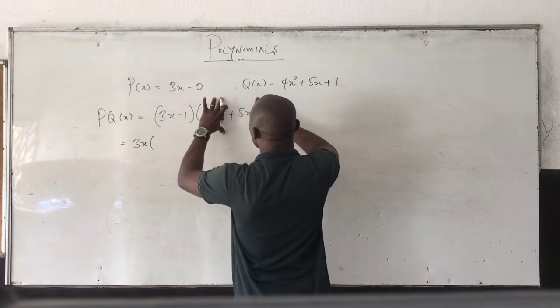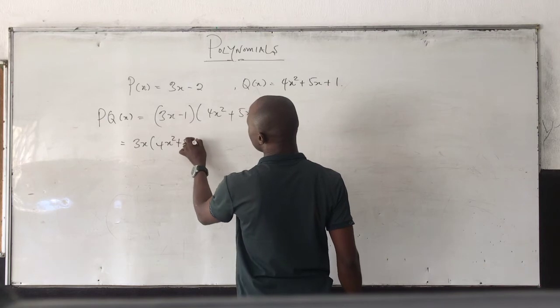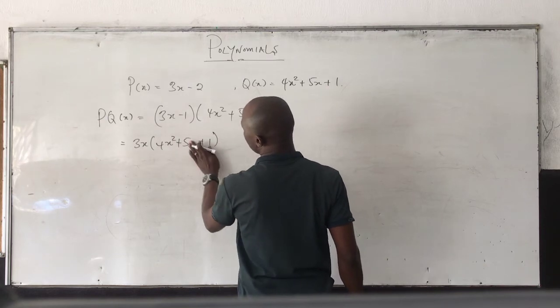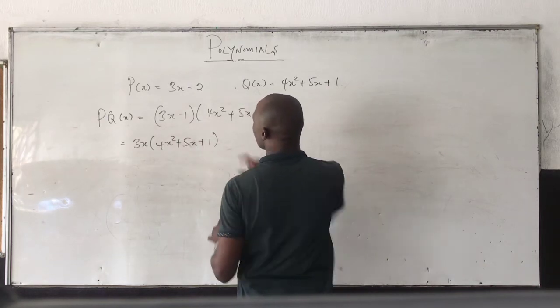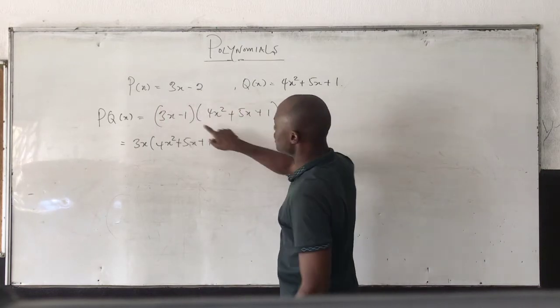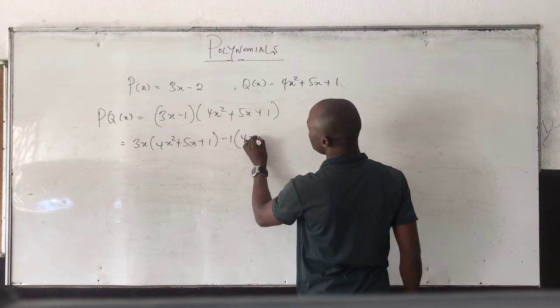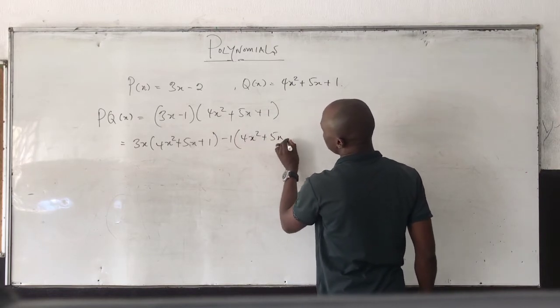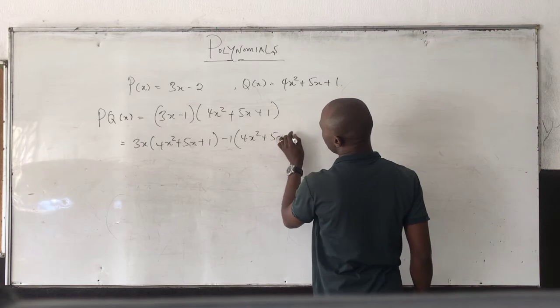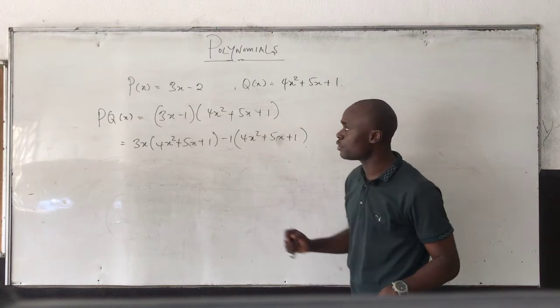We use it to multiply everything here, which is 4x squared plus 5x plus 1. So we are done with the first member. And then the second member, which is minus 1, we use it to multiply all this again: 4x squared plus 5x plus 1. That's how we do it. Very simple, so we don't have errors.